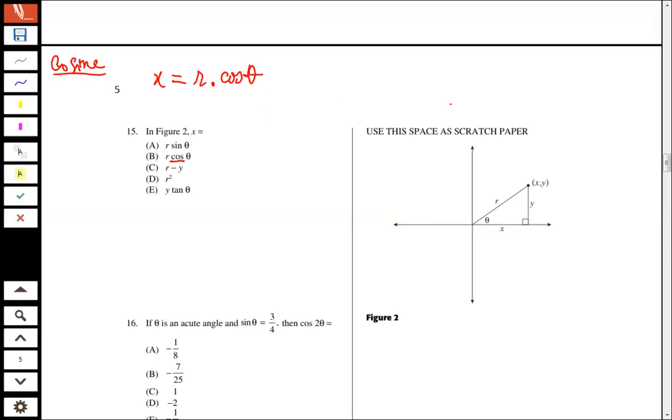Or we can say that in a right triangle, cosine or cos of an angle, here cos theta, equal adjacent side over hypotenuse.